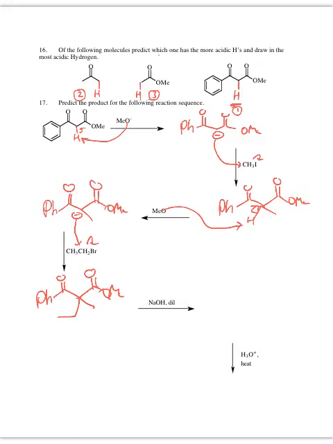Then with hydroxide, we haven't done this yet, but we all know that hydroxide is a good nucleophile, so we can easily add hydroxide into the carbonyl to form this, just drawing out the end of the molecule.